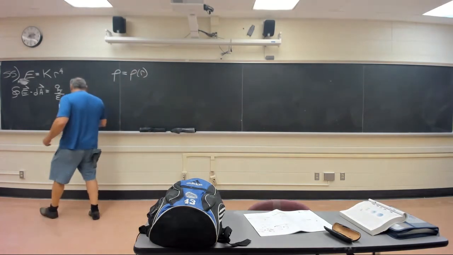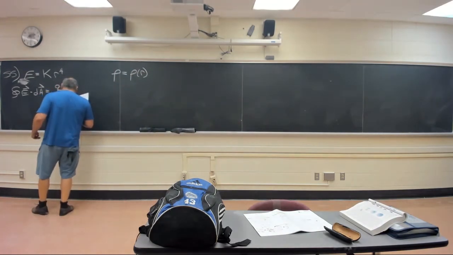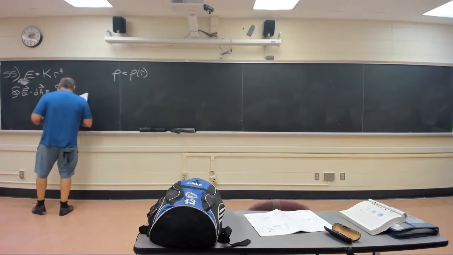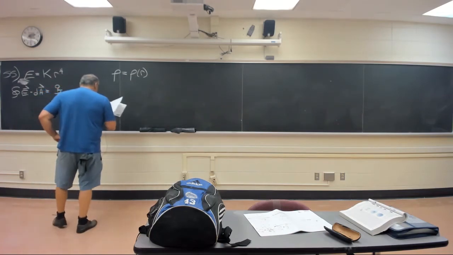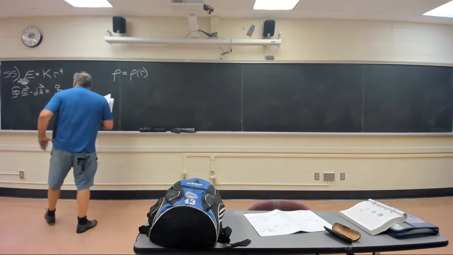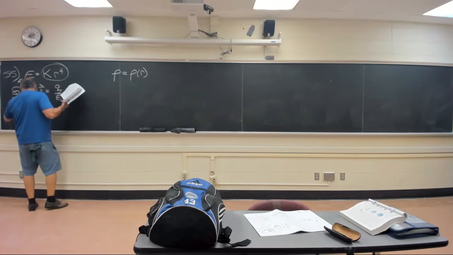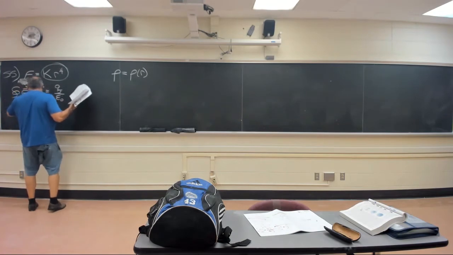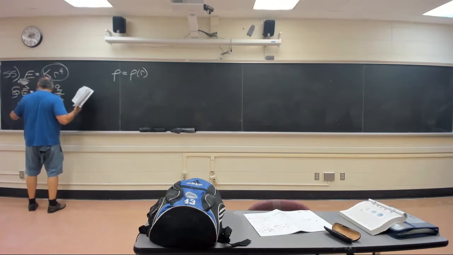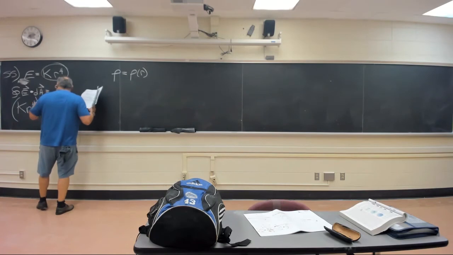I'll tell you what I'm going to do. We know a bunch of things here, guys, so I'm going to try to say a bunch of things here. They're saying that E is this, so because of the symmetry, we can get away with not doing an integral here. K, that's capital K r to the fourth, that's E. The area is 4 pi r squared.